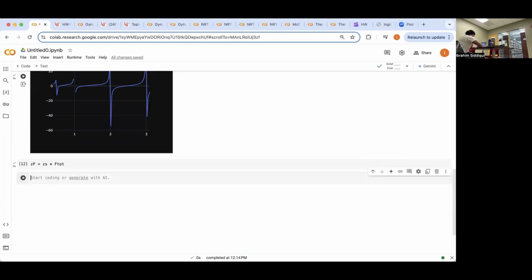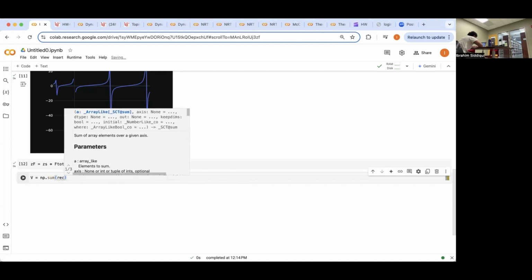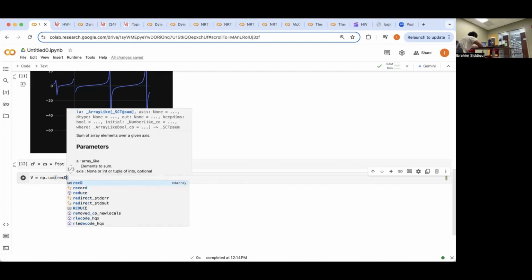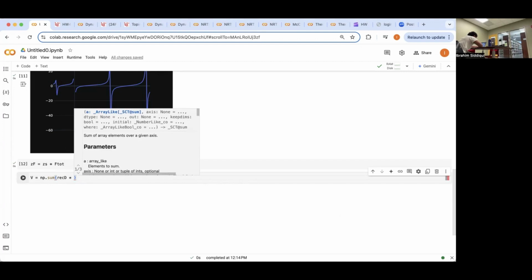Okay, all right, that looks good. So we're now going to want to define our vapor flow rate. So our vapor flow rate in this case is going to be equal to, go ahead and pause this. All right, so our vapor flow rate is going to be equal to np.sum for the rectifying in our distillate, essentially. And this is going to be multiplied by what we just solved up above, which is ZF, the composition of our feeds.